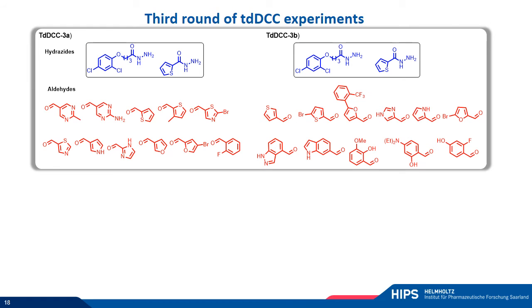So in the third round of DCC, along with these 2 hydrazides, we included 22 commercially available aldehydes. For operational simplicity, we divided them into two groups of 11 and reacted them separately with these two hydrazides.